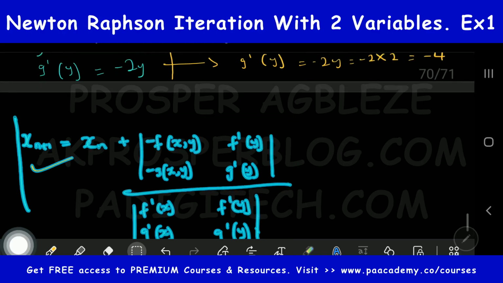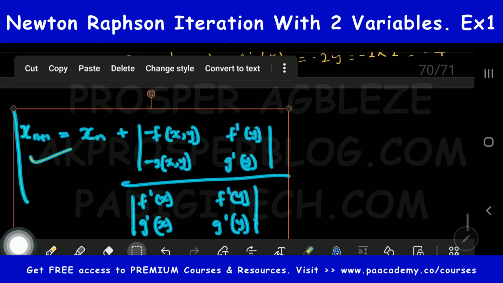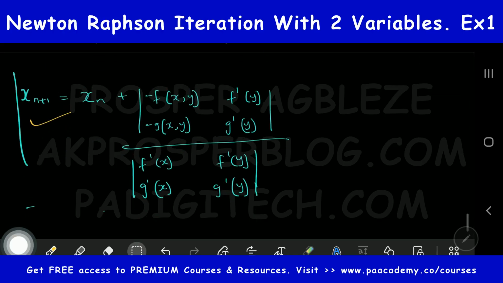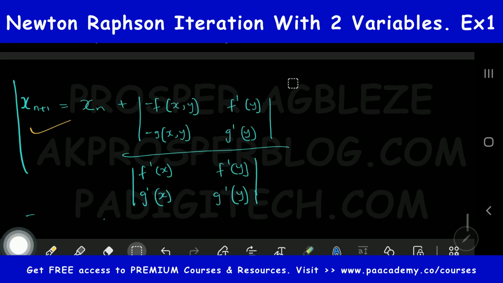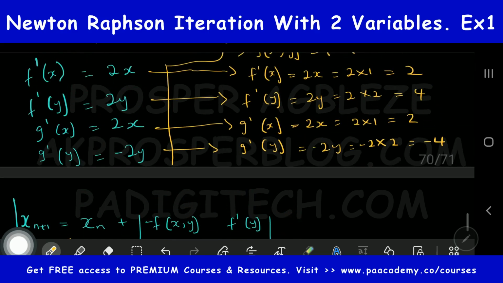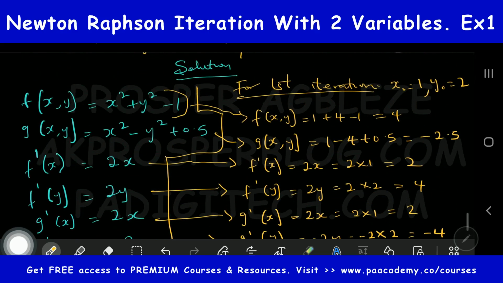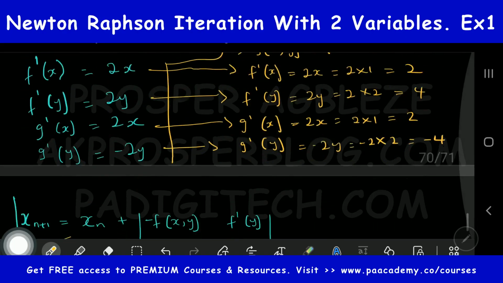All right, so this is the formula here. Let me do it by the side so that we can see it side by side. For x n, which is our x naught right here, it is 1.